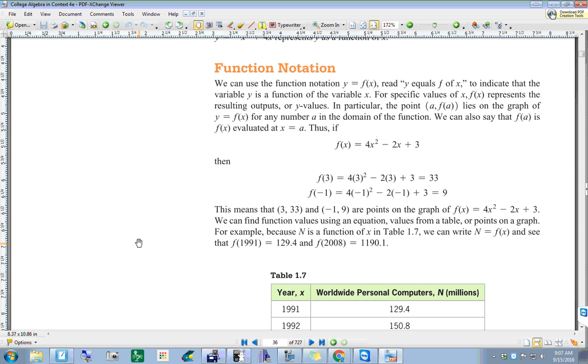Now, one of the things that we use around here is called function notation. Introduced this a little bit in Algebra 1. It says y equals f of x. And we definitely like using that. That's good old Euler's notation. Euler's around here someplace. Where's Euler? Euler's way back over there in the corner.